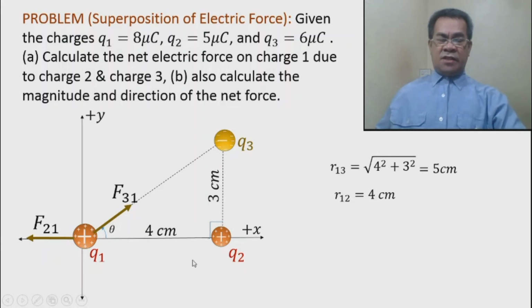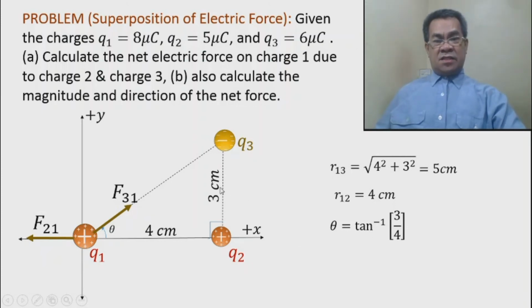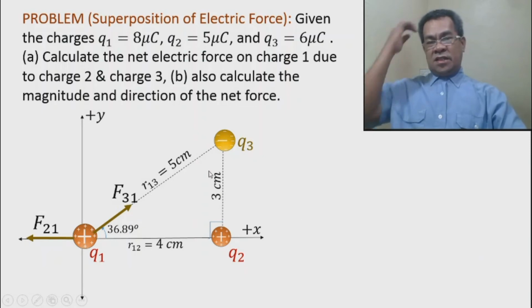This is already given. So we have now the charges and the distances, and we are ready to solve for the force. By the way, we still need to calculate the angle. The angle can be calculated using inverse tangent, 3 over 4, opposite over adjacent. So that angle is 36.87 degrees from the positive x-axis. Okay, so these are the information.